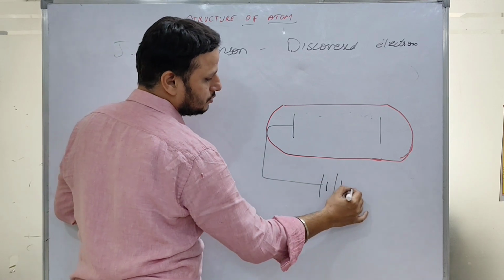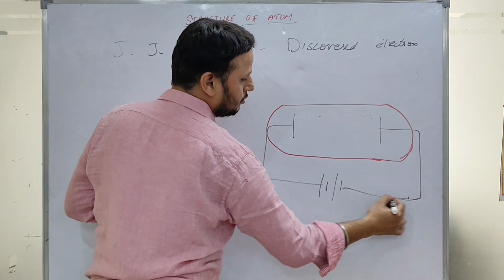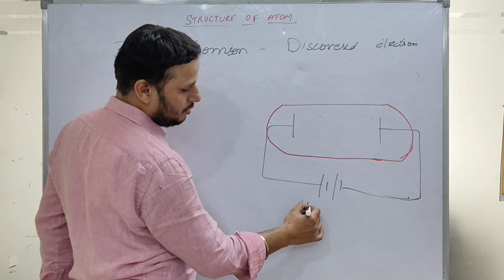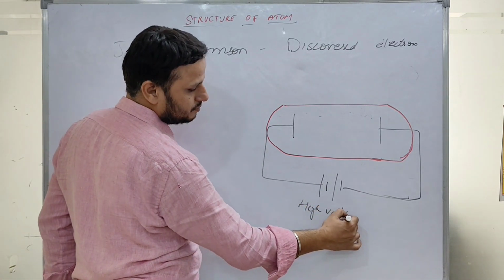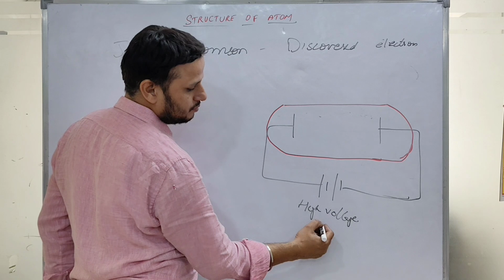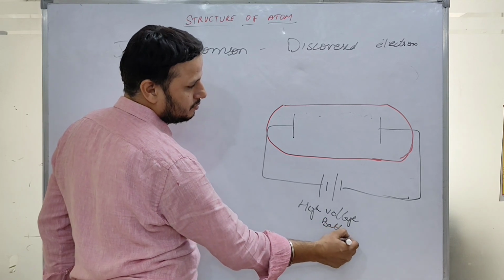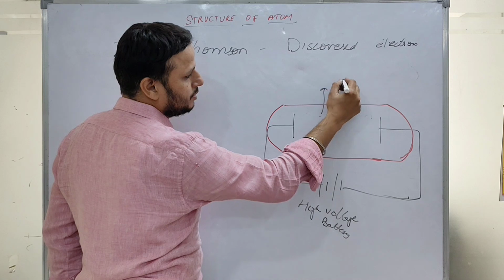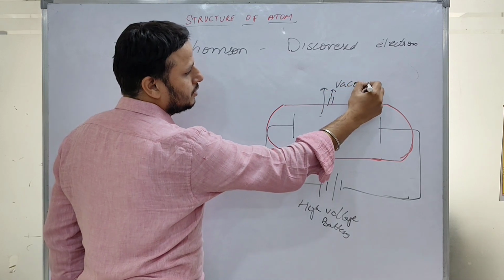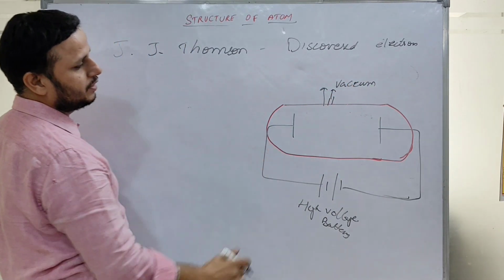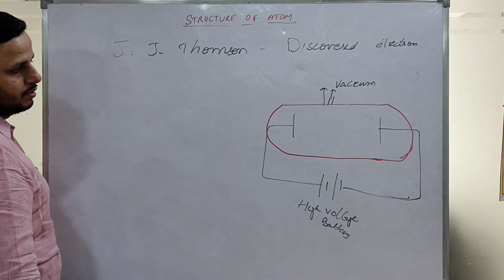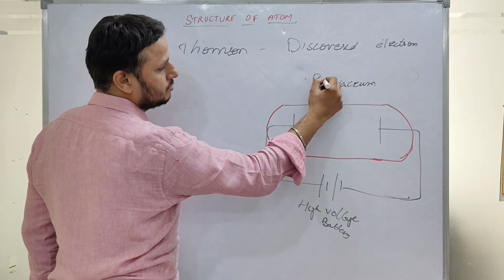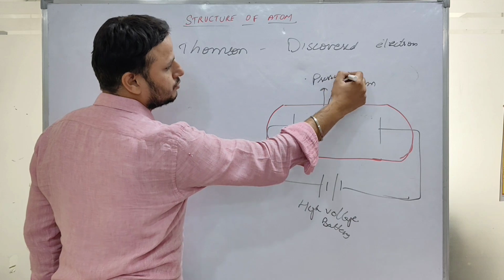Anode, cathode, they are connected to a battery, a high voltage battery. And then Thomson reduced the pressure inside by a vacuum. He created very low pressure, almost zero.